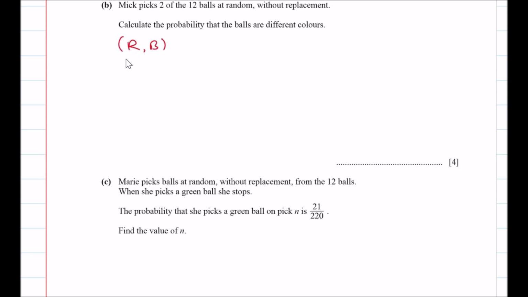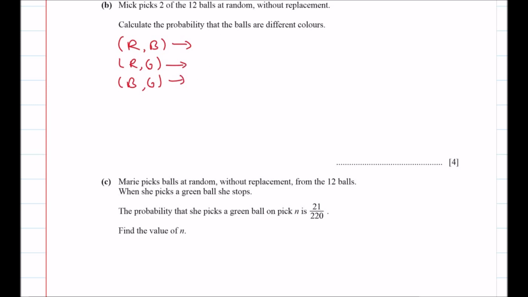It can be red, green. It can be blue, green. Now this red, blue can be blue, red also. Red, green can be green, red also. And blue, green can be green, blue also. So whatever answer we will be getting, we need to multiply by 2.